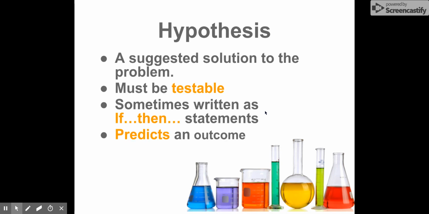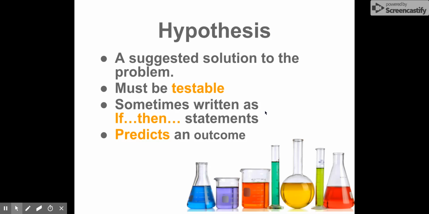So a hypothesis is where you start suggesting solutions. You guys probably worked with if-then statements, so we'll be doing that for the hypothesis of the scientific method this week. It's a suggestion again to the problem that's at hand. You must be able to test it, so the hypothesis must be an experiment-runnable or an experiment-worthy question where we could test it.